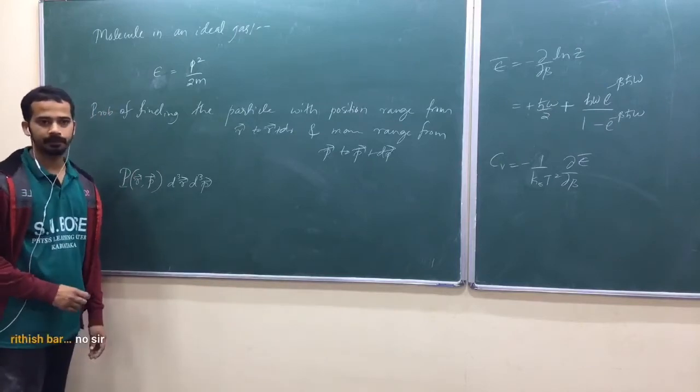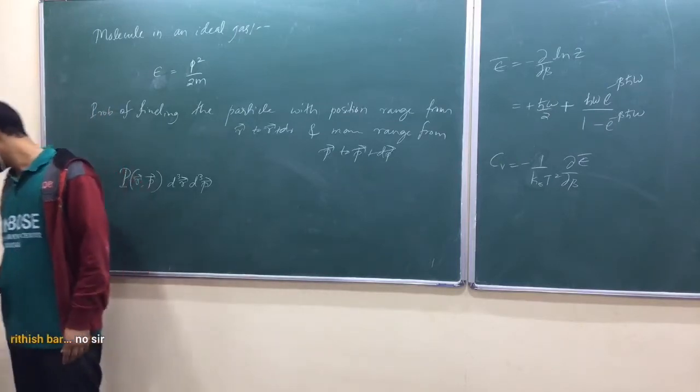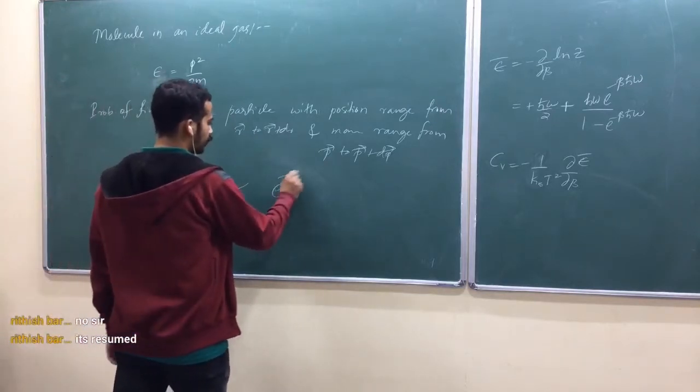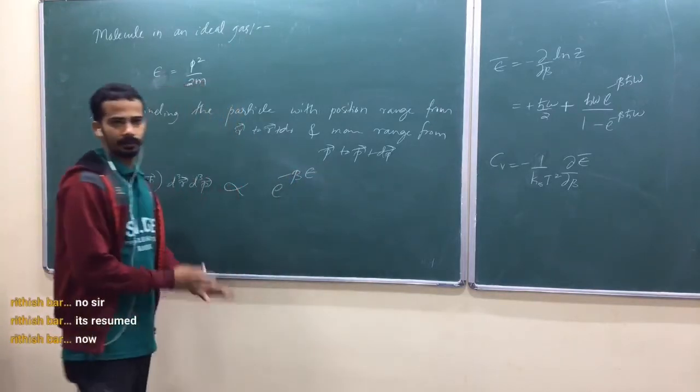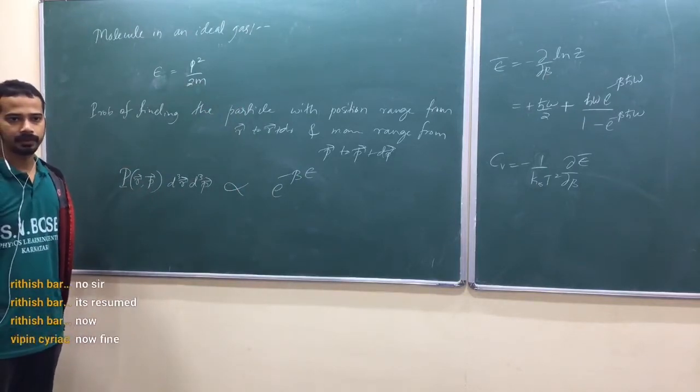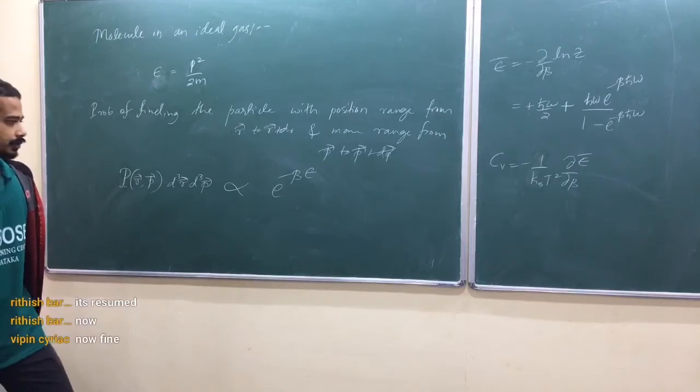Is that okay? Now look at here. That should be proportional to e raised to minus beta into energy. That rule we are not changing. Are you getting my point?